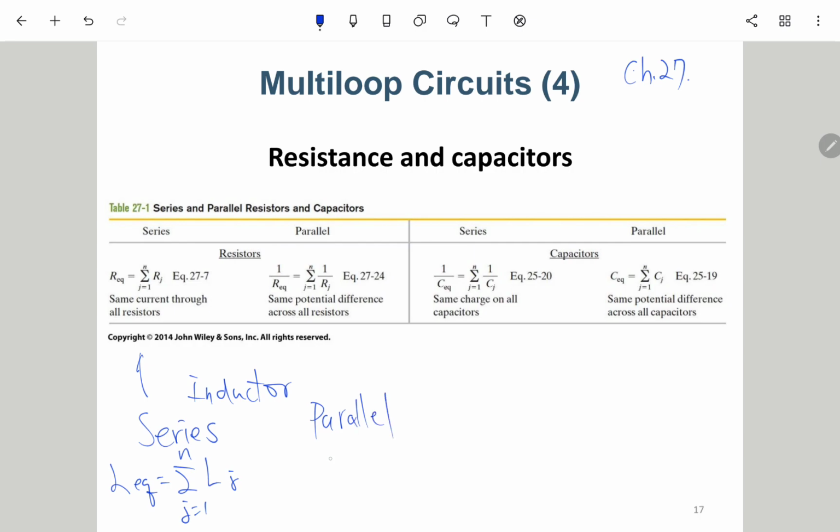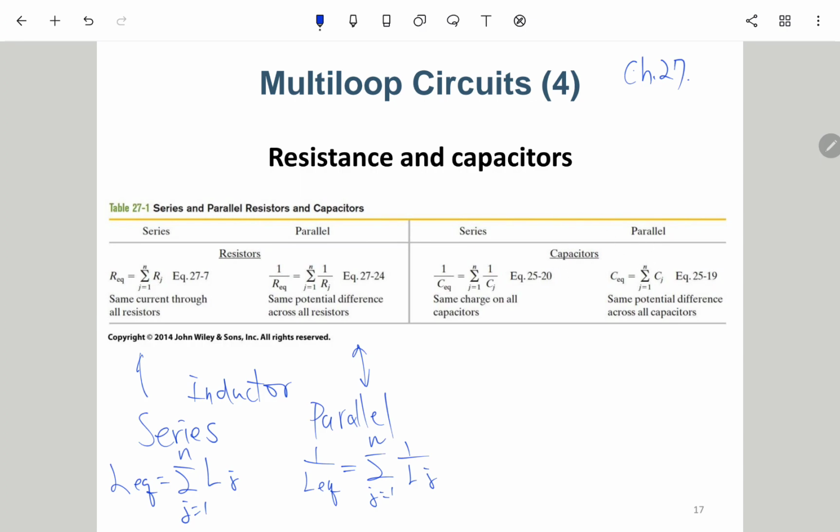We have 1 over LEQ equals summation of 1 over LJ from 1 to small n. Okay, so inductors are similar to the resistors when we try to calculate series or parallel resistance or inductance. Okay, the capacitors are different.